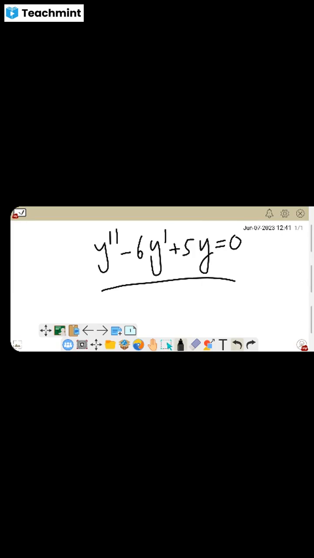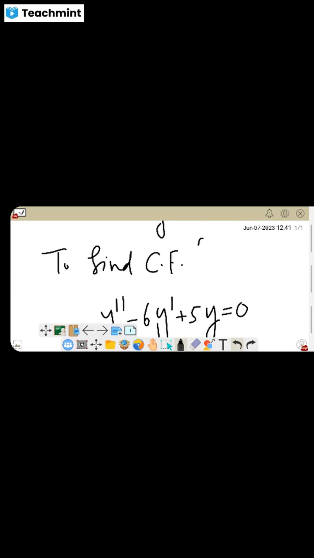So to find CF, this equation is called the auxiliary equation.